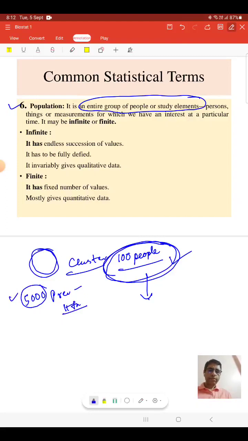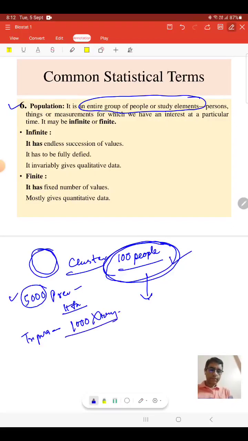Similarly, in biostatistics, say about equipment. In Tripura there are 1000 X-ray machines in the public health system.